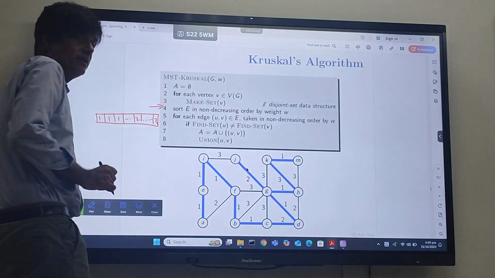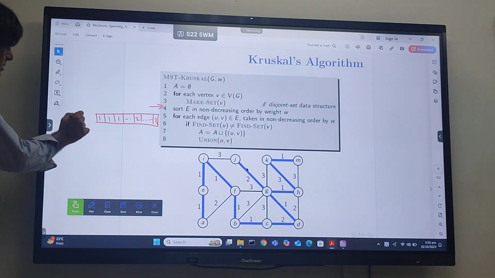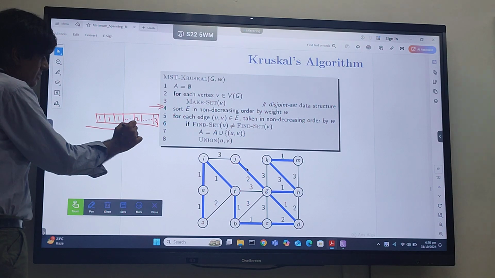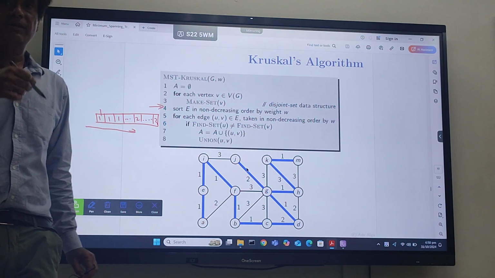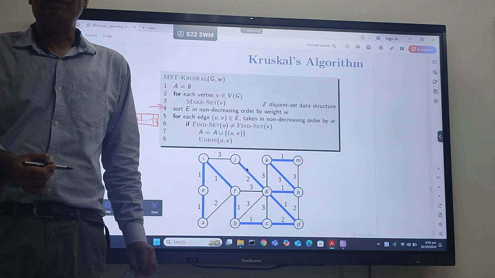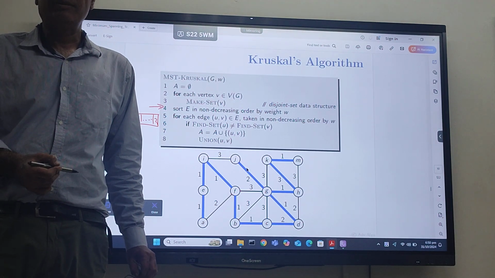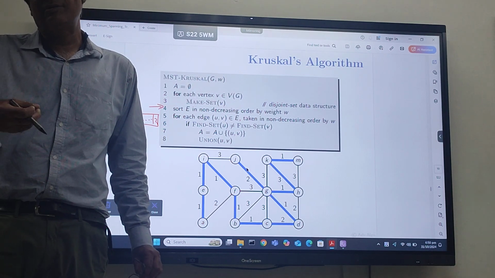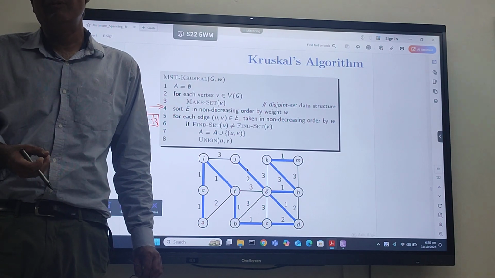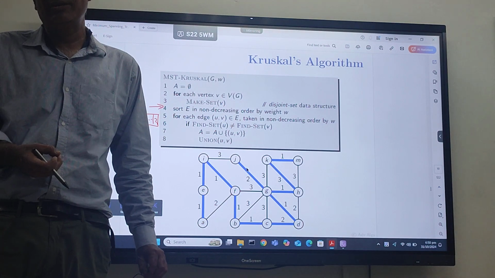So we start from here. We first check this one. So we are first giving the light edges priority, because we want a minimum spanning tree, the tree with the minimum possible total weight.